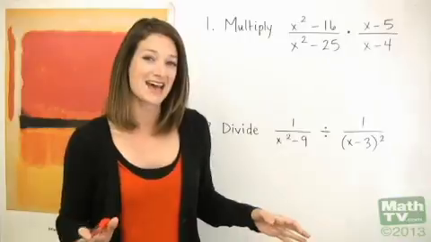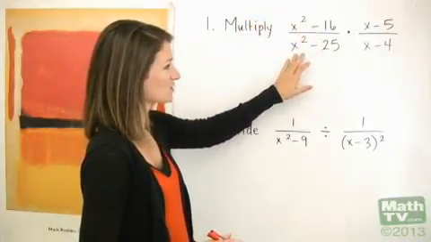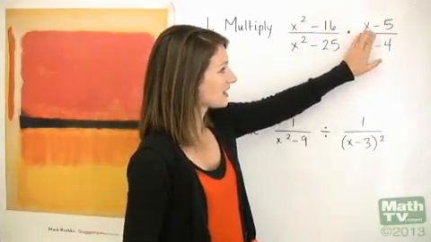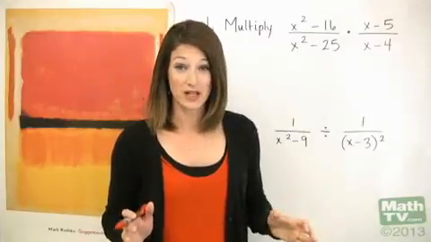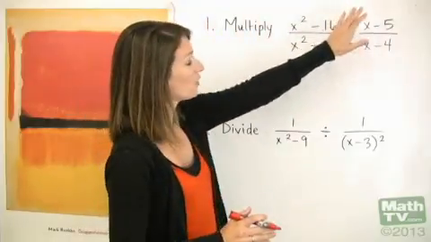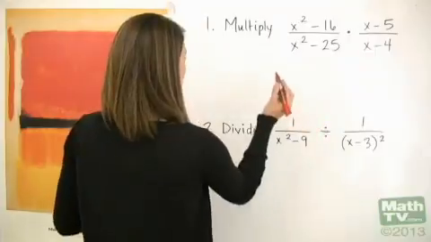Our first problem asks us to multiply x squared minus 16 over x squared minus 25 times the rational expression x minus 5 over x minus 4. When we're multiplying two rational expressions, we find the product of the numerators and put that over the product of the denominators. So let's do that first.